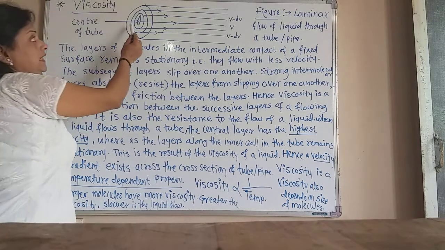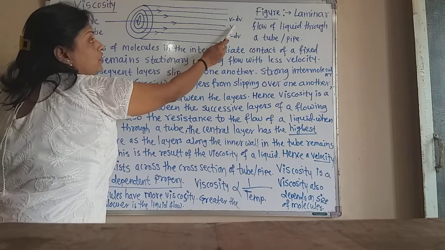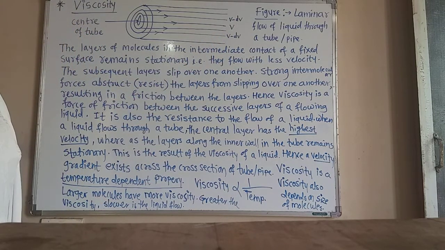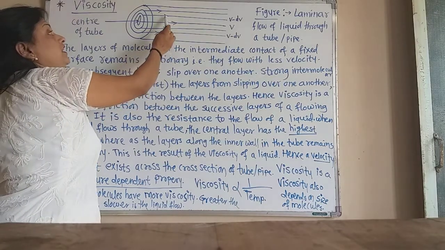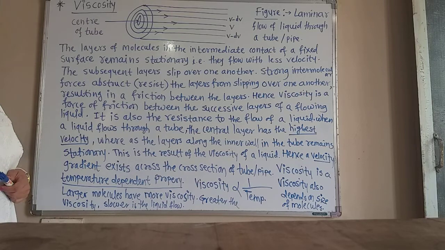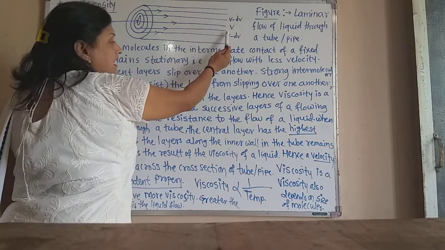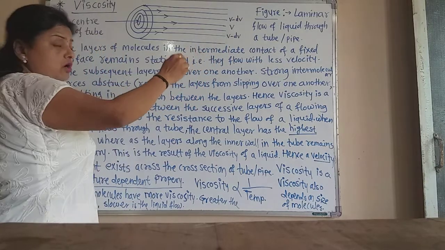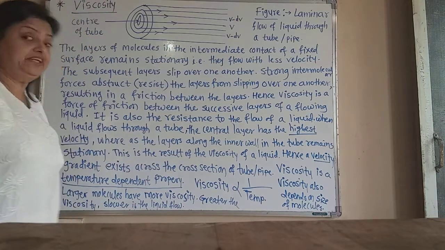The layer at the center has the greatest velocity, so the central layer flows with greater velocity than the layers near the wall of the pipe or tube. As they go away from the center, their velocity decreases by dv.